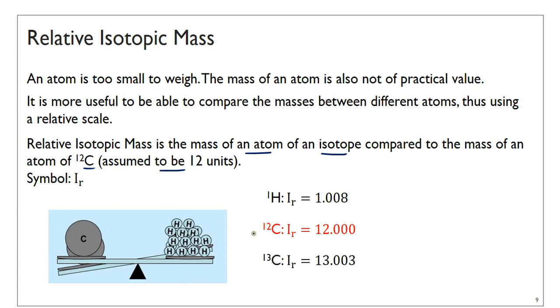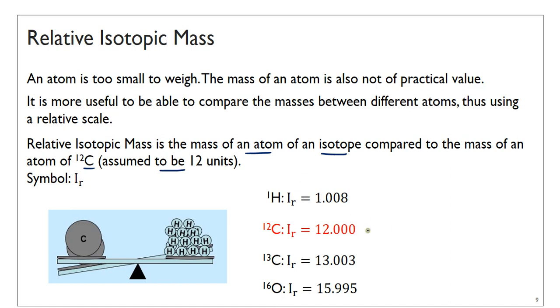You can also measure the carbon-12 against carbon-13. So carbon-13 is 13.003, and this is again just a reflection of the fact that it's a little bit heavier than the carbon-12. And you can have something even bigger, like this atom of oxygen-16, and it has a relative isotopic mass of 15.995. So it is a little bit heavier than carbon-12.